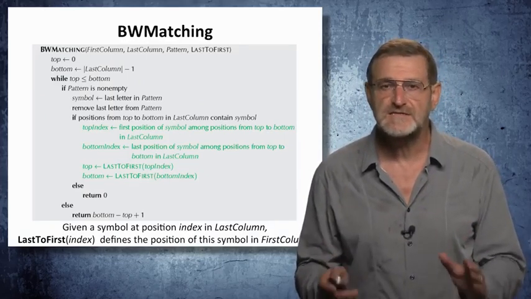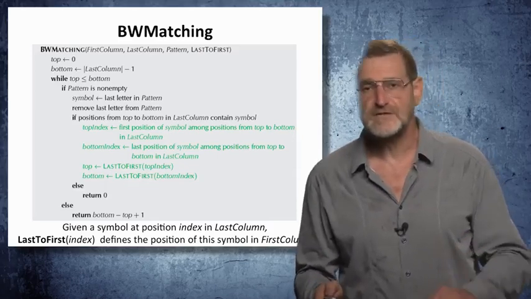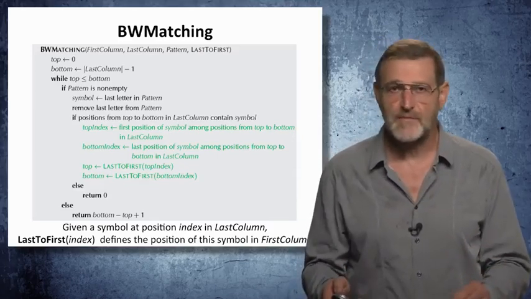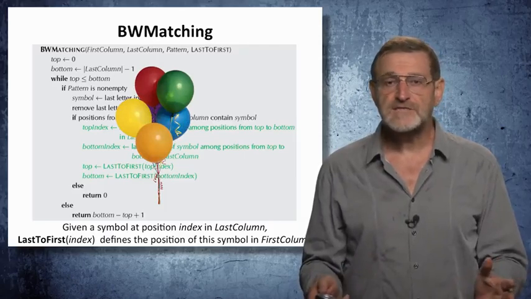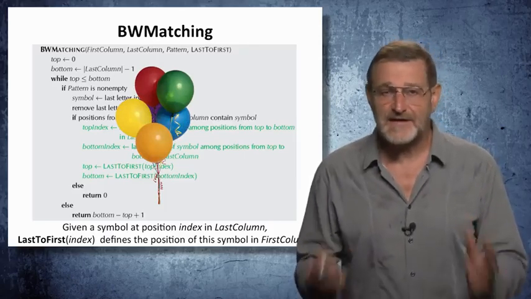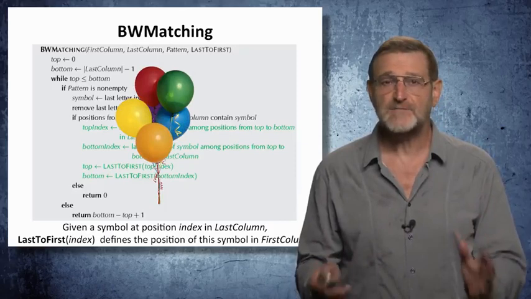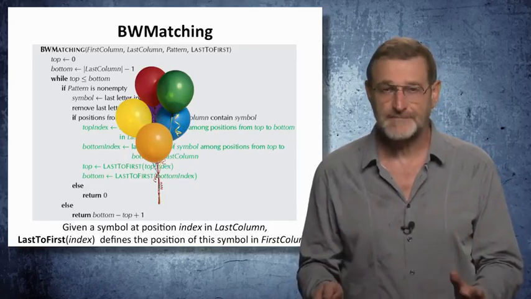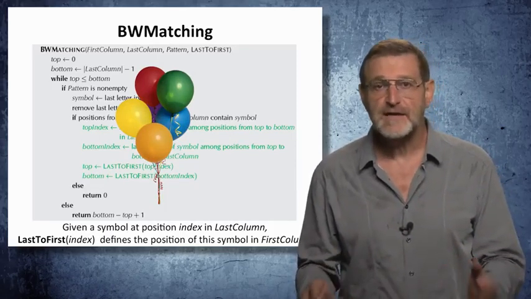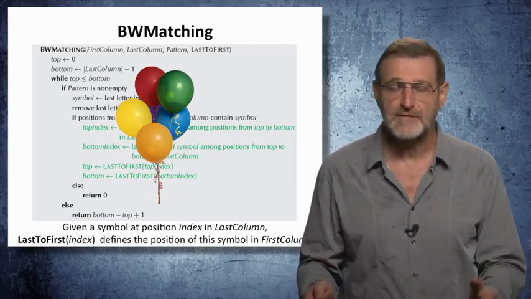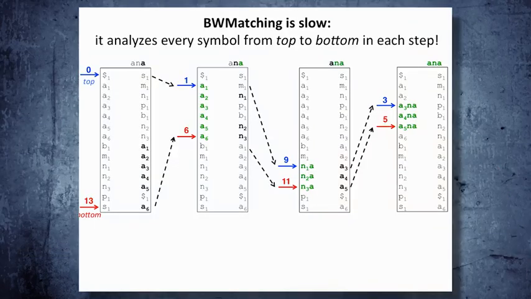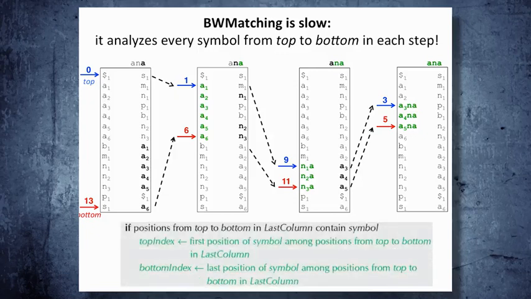And using the first-last property, we can figure out where these three Ns hide in the first column of our Burrows-Wheeler matrix, here, here, and here. After we found where they appear in the first column, we know where NA appears in the string, and we actually found three matches of NA. This is the last two symbols in ANA.